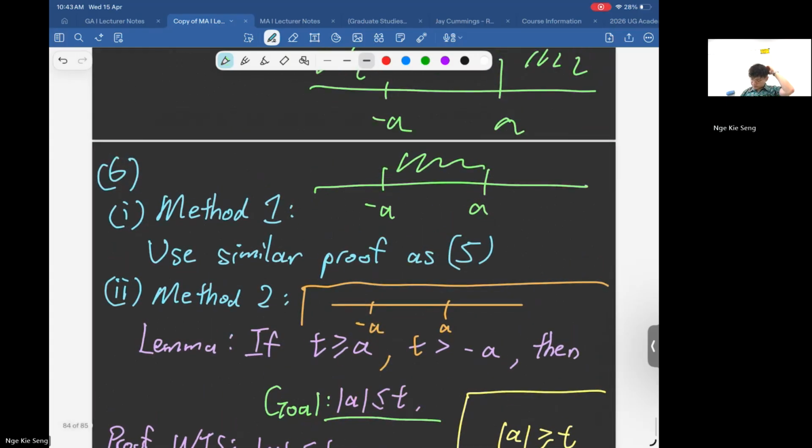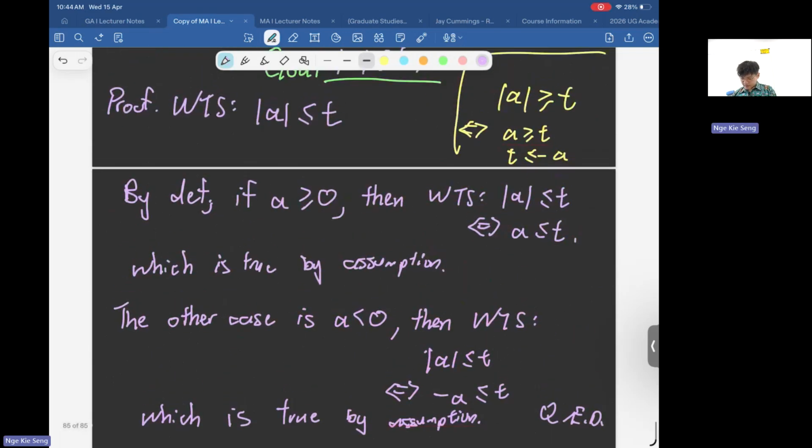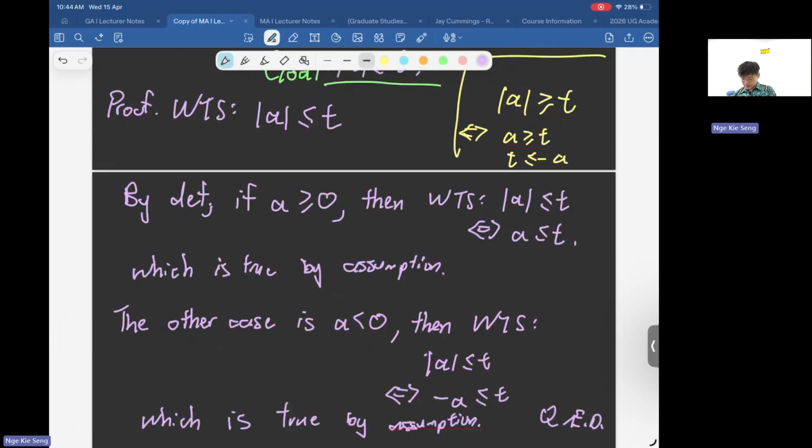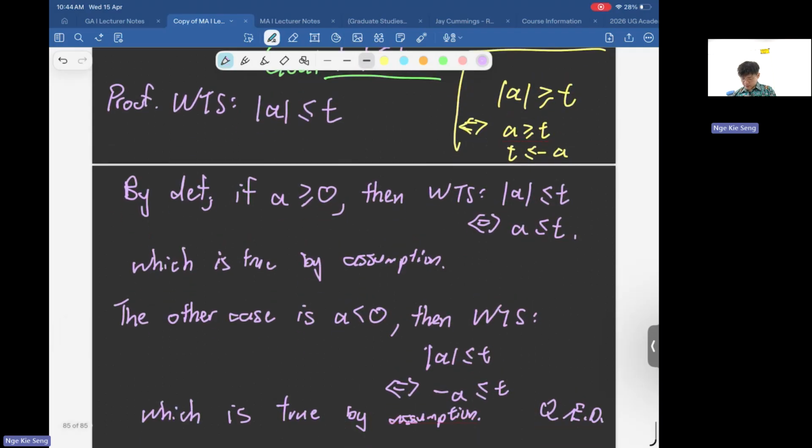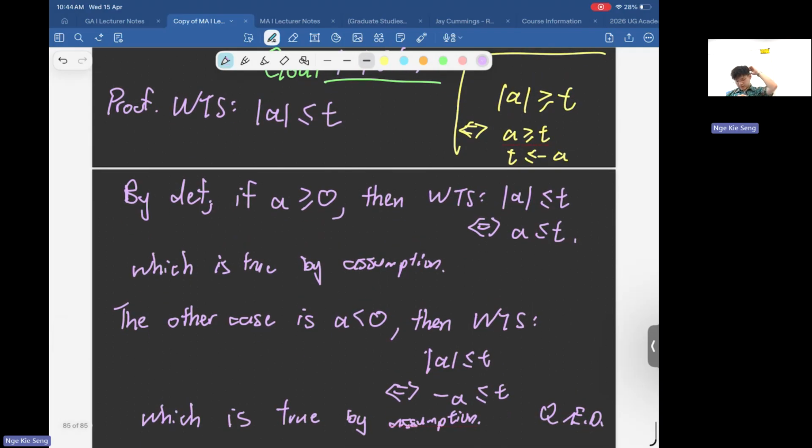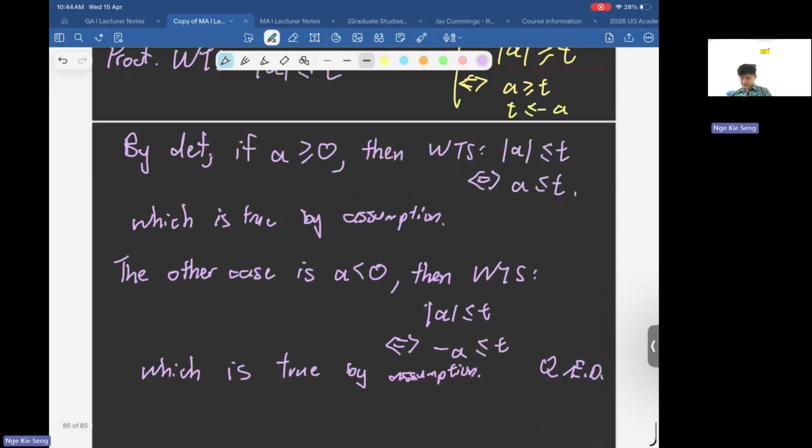Are you sure this condition is correct? Let me check. A less than T, let me make sure that T is greater. Seems very weird. So A less than T, make sure that this is less than this. A is greater. Oh, okay.